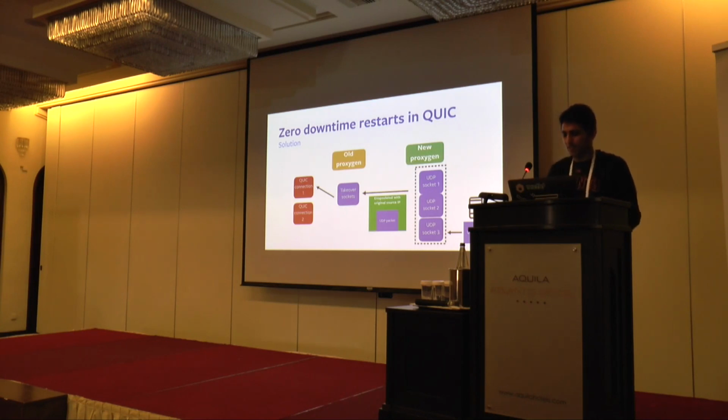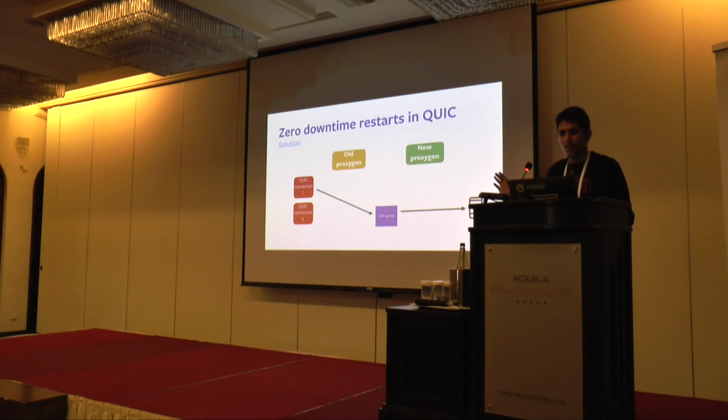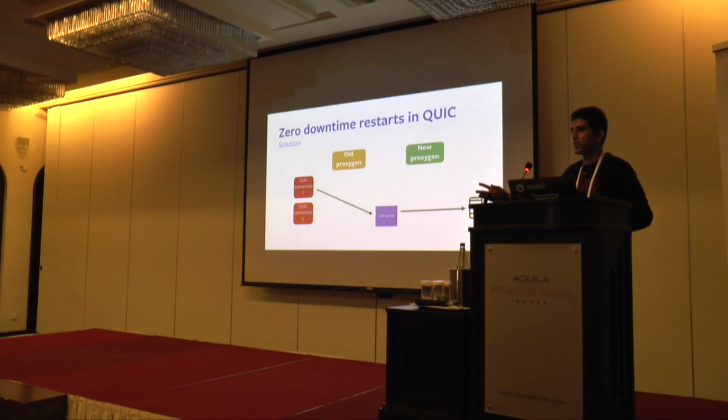The nice feature about this is that once we get rid of the old proxy, it's just gone. We don't need to worry about it anymore. The other feature about this mechanism is that we're able to do direct server return from the old proxy instance as well. When I mentioned we take over the UDP sockets from the old proxy, we actually only take over the read side.